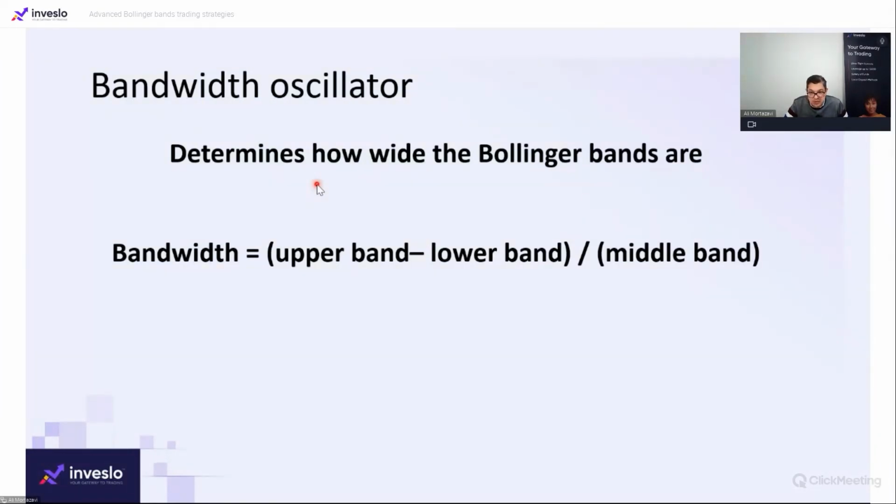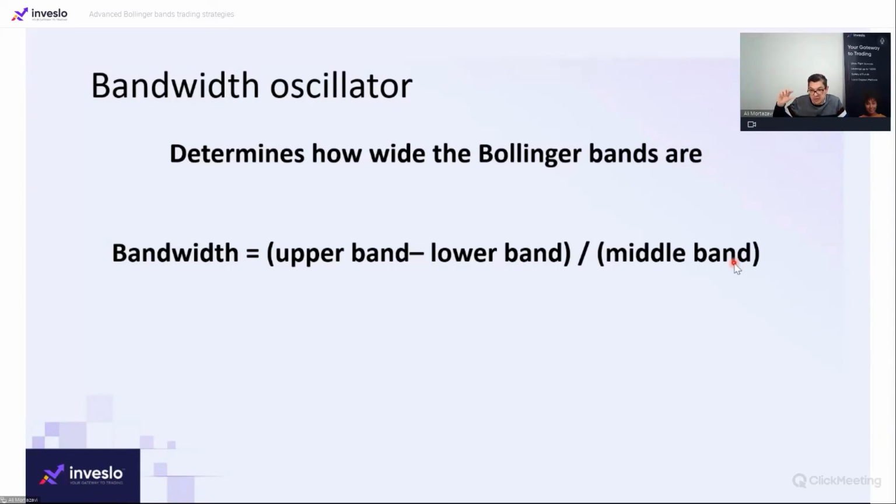In other words, the bandwidth simply tells us how wide the Bollinger Bands are. Obviously, it's possible to compare it across time and from issue to issue, but it's especially relevant to compare it across time. So that is the formula of the bandwidth: the upper band minus the lower band, and the result divided by the middle band. So this gives us a relative distance between the bands.